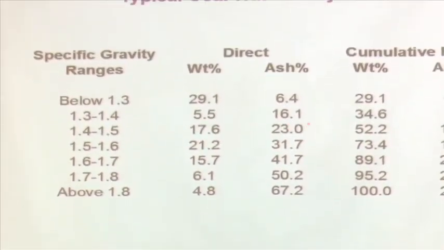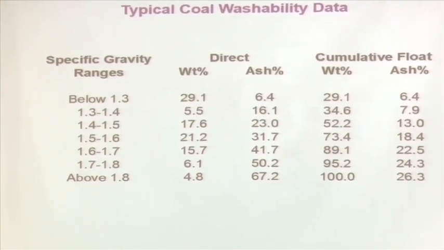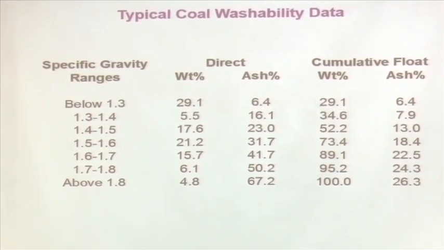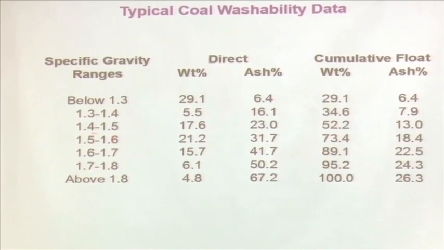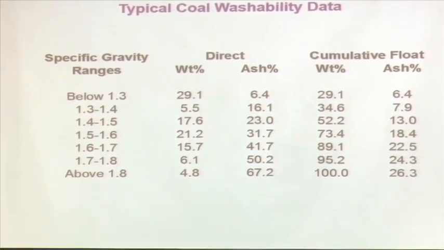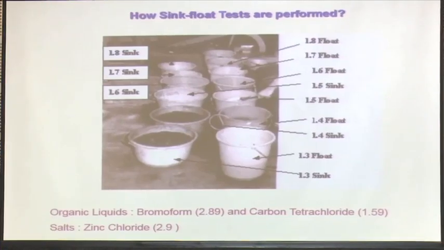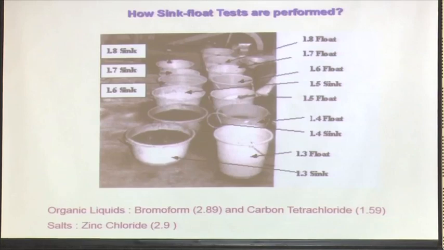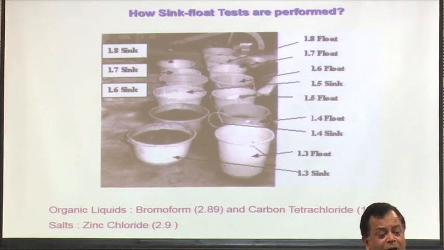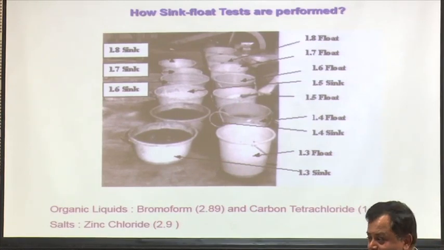So, how do I know? For that, I can do a cumulative weight percent. What does cumulative weight percent mean? Suppose I did not have this 1.5 bucket, and I start with a bucket of only 1.6. Then the material which floated at 1.4 and 1.5 will also float into 1.6.